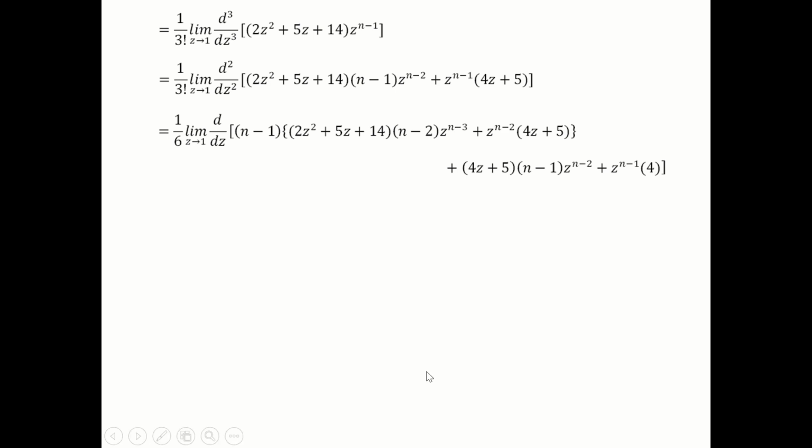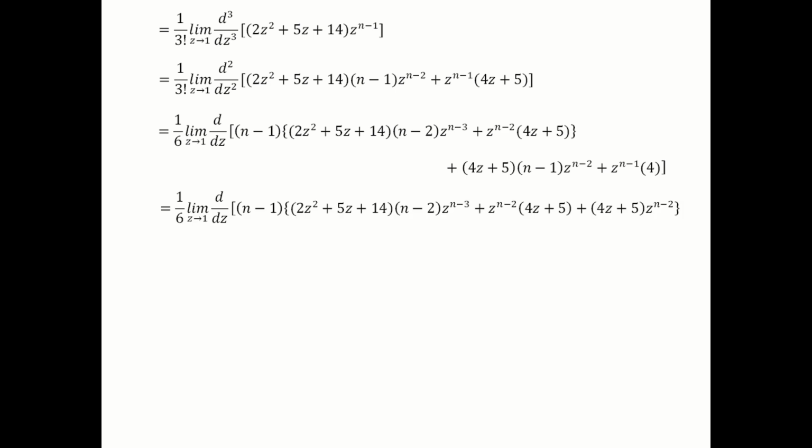You have to apply the uv formula separately for the two terms. Now 1 by 6 into limit z tends to 1, d by dz of (n − 1) into (2z² + 5z + 14) into (n − 2) into z^(n−3), plus z^(n−2) into (4z + 5), plus (4z + 5) into z^(n−2).